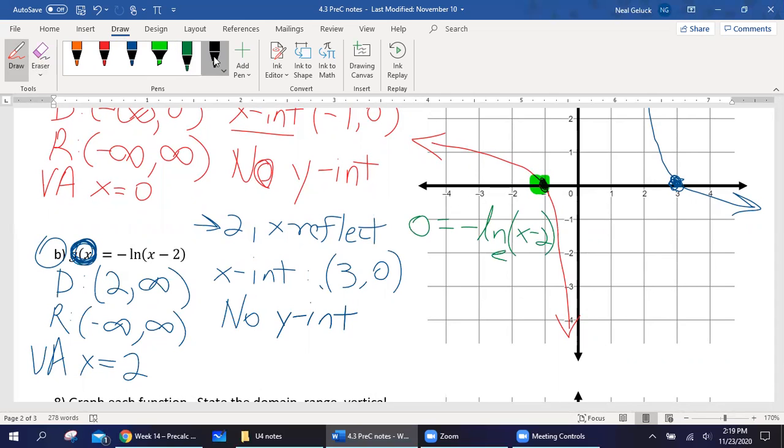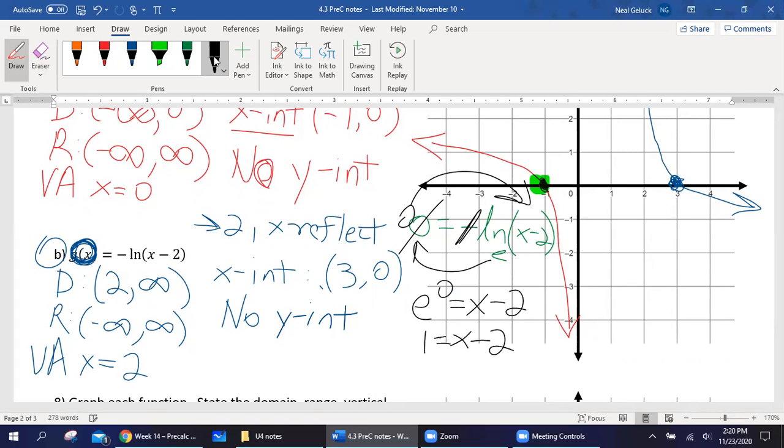Before I do loop-de-loop, I have to divide over the negative. That's still going to give me 0. So if I divide out the negative, it's gone. Still have 0. So now it's e to the 0 equals x minus 2. E to the 0 is 1. And so I get 3 for x.